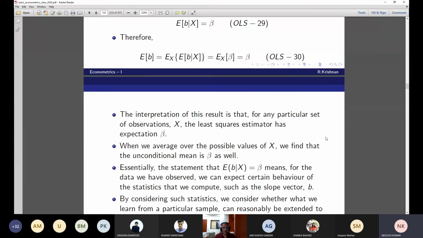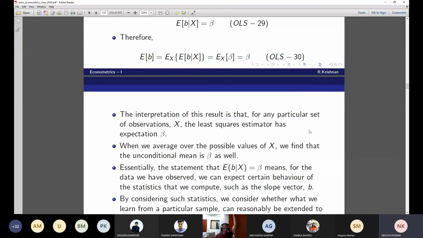When we average over all possible values of X, we find that the unconditional mean is beta as well. So OLS 29 is for a particular X, and when we average over all X's, it is equal to the unknown parameter vector beta.